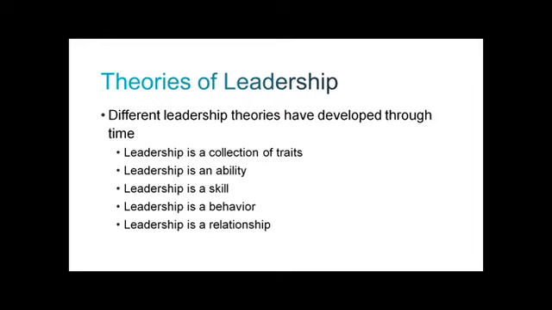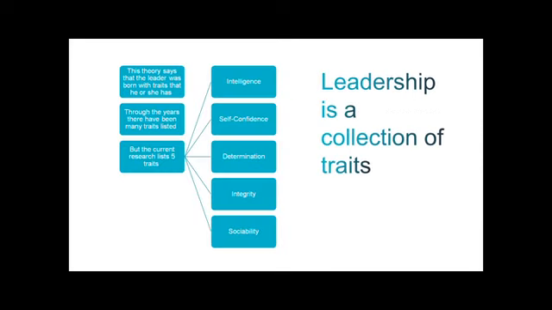In our book, they talked about leadership as a collection of traits, leadership as an ability, leadership as a skill, leadership as a behavior, and leadership as a relationship. The first one, leadership is a collection of traits, says that a leader is born with certain traits.